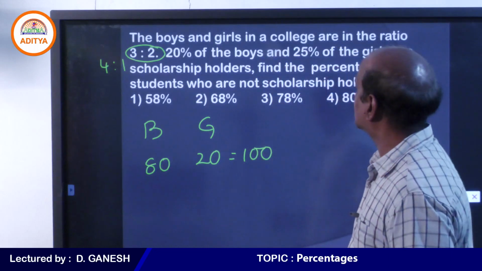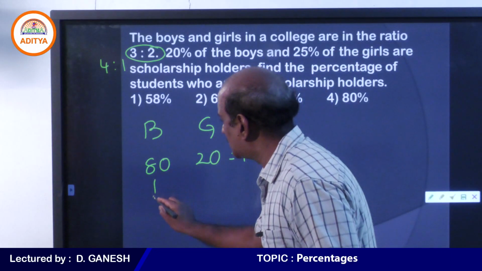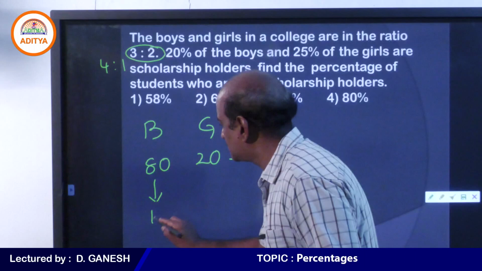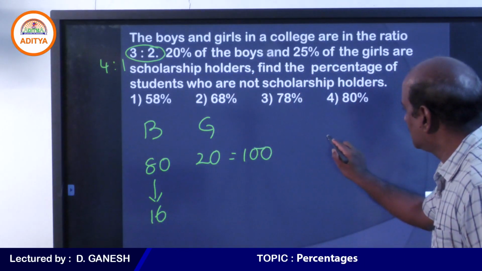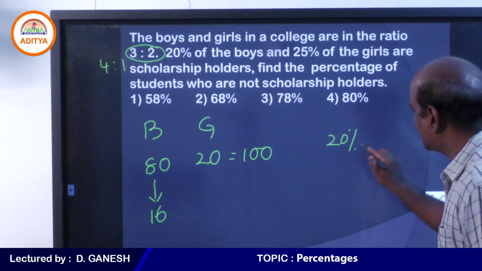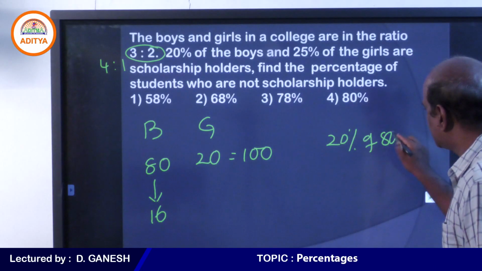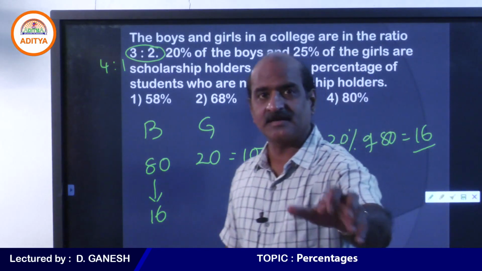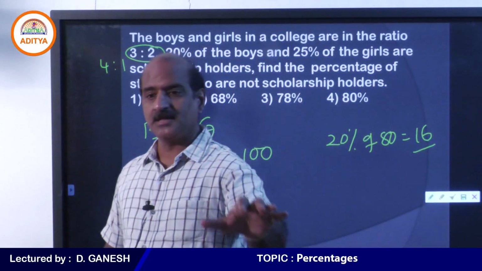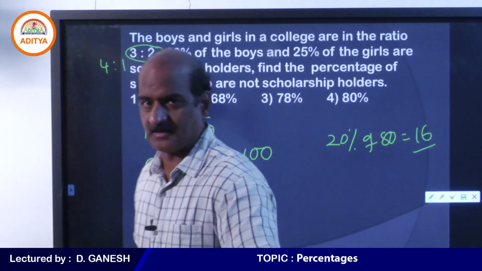Now just look at that. 20% of the boys. Student, do you know how I am getting 16? 20% of 80. What is 20% of 80? 16. 10% is 8, 20% is 16.